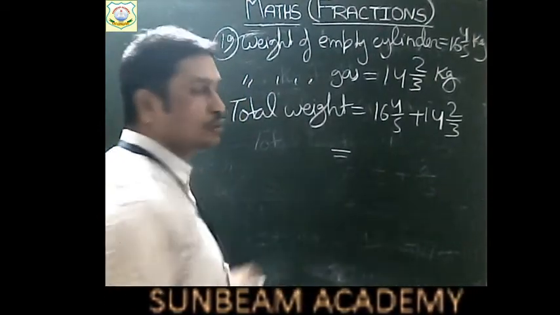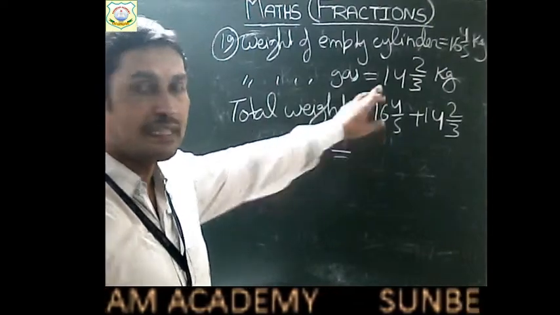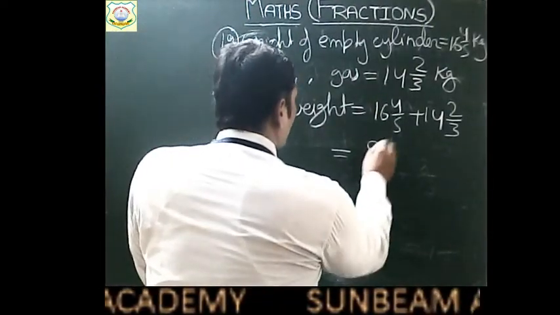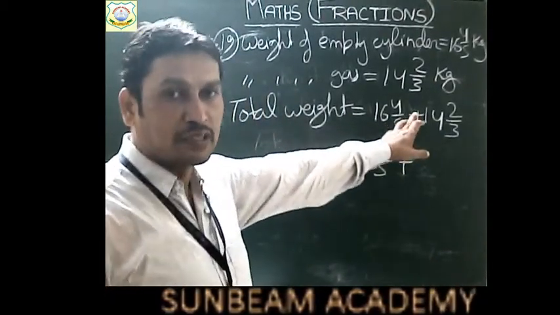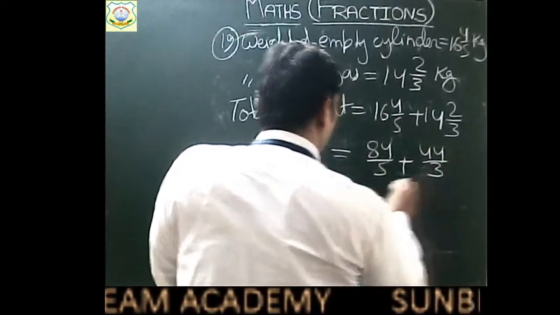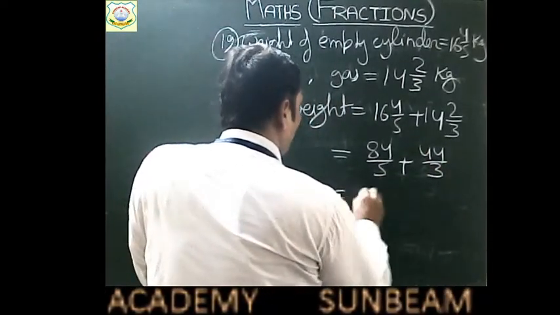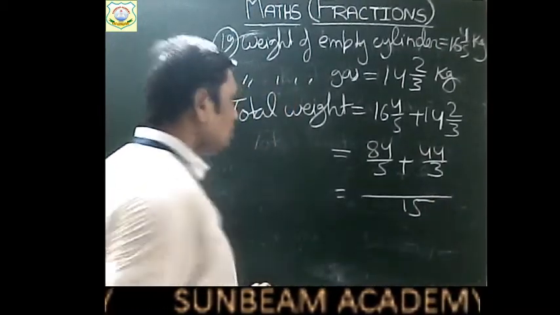Firstly convert them into improper fractions. 5 sixteens are 80, 80 plus 4, 84 by 5, plus 14 threes are 42 plus 2, 44 by 3. Now children, find the LCM of 5 and 3. LCM of 5 and 3 will be 15. Okay.